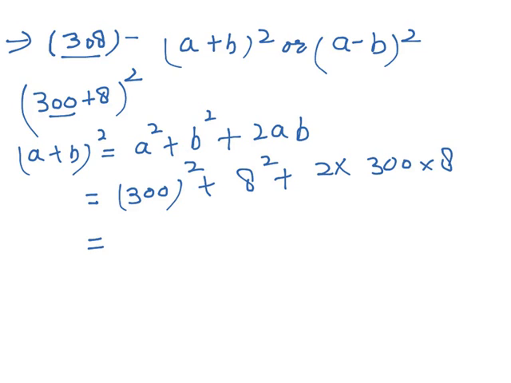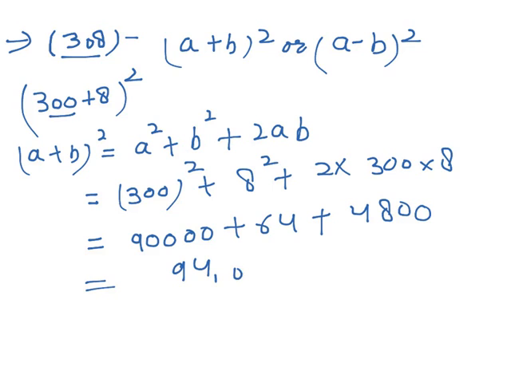So 300 square will give us 9 followed by 4 zeros, 8 square is 64 and 2 times 300 times 8 is 4800. Now we will add all these numbers. It will give us 94864. So it is much easier than multiplying 308 two times.